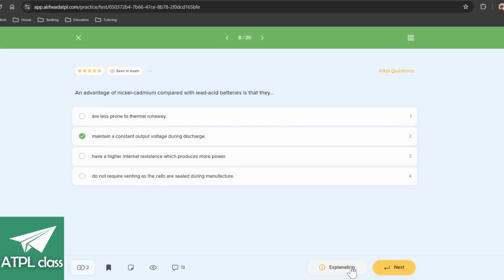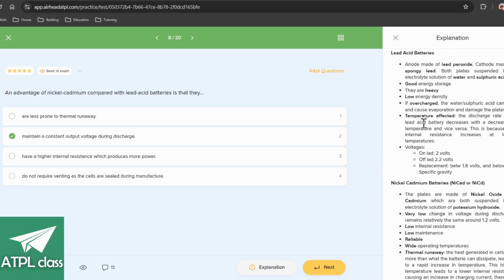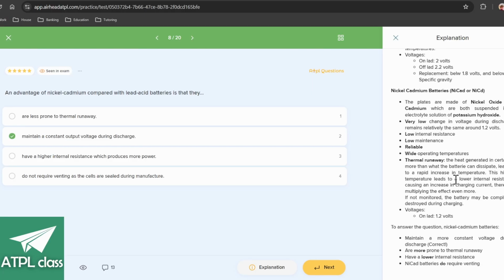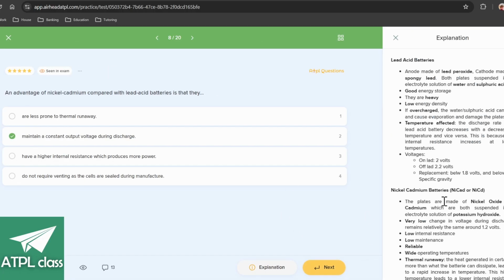So basically you've got the internal resistance of the components in the battery, and with a lead acid battery, this internal resistance increases at lower temperatures. So as it discharges and it's cooling down, it's not as reactive. This internal resistance goes up, which means that the voltage output goes down. And with NiCad, it's kind of the opposite way around. So quite tricky. I recommend with these battery things to try and just remember the facts.